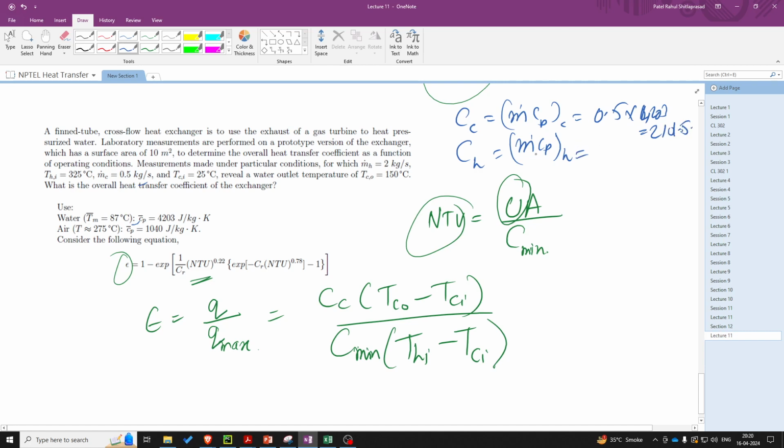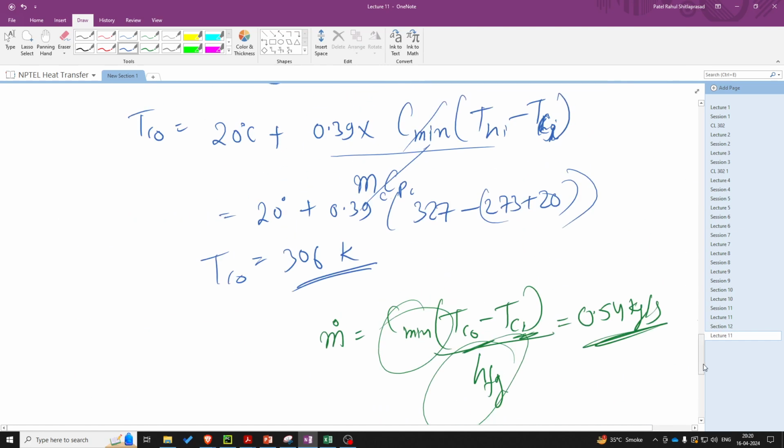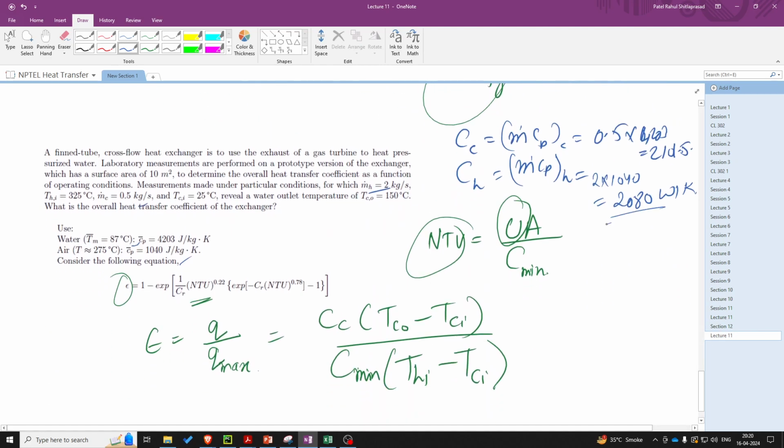Similarly, for the hot fluid, it will be 2 into 1040, so it will be 2080 watt per Kelvin. We can take this as the C minimum. Again, over here you can see that both of these will get cancelled out, and we can find the effectiveness by putting in the values of the temperature.